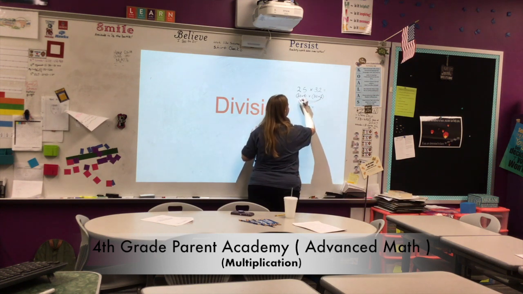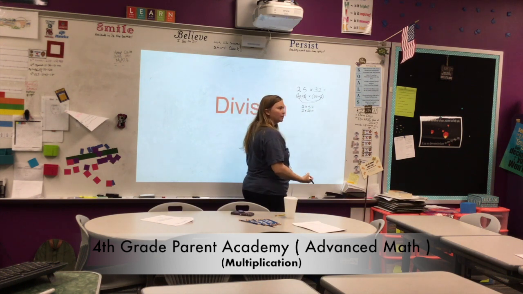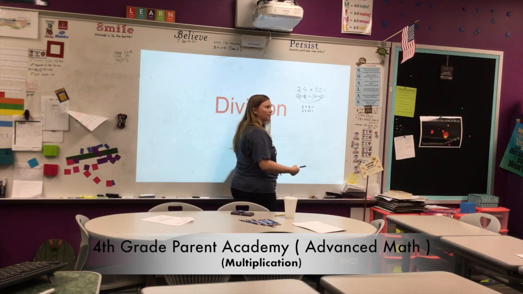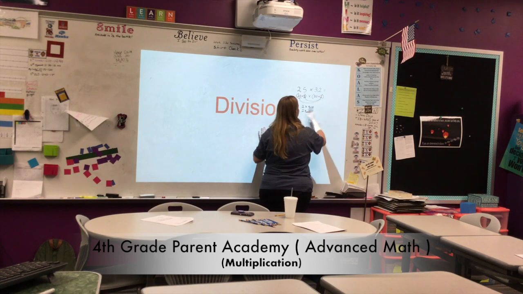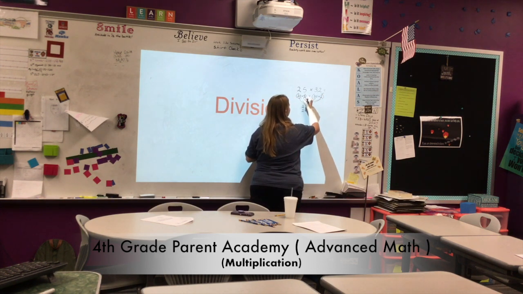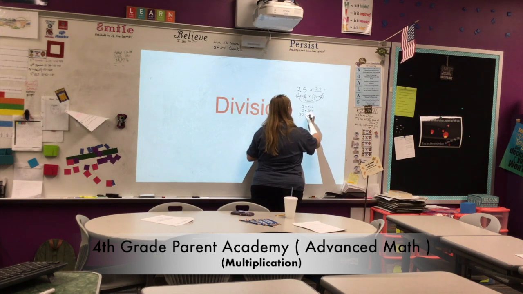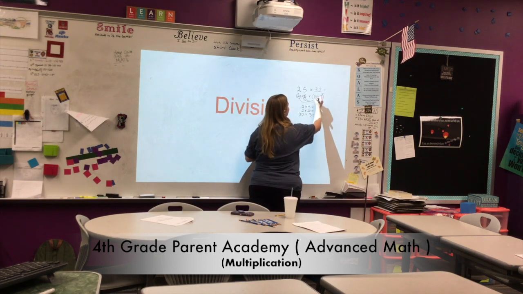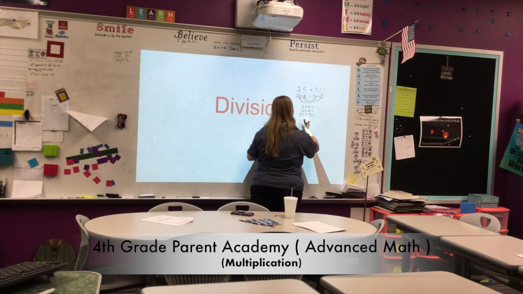And then I do 2 times 20, and I tell them, write your equations out first before you solve them. Because what happens is they start solving them, and then they forget to go back and do more of those. Okay? So I've got 2 done. Check. Now I'm doing 30. 30 times 5. And 30 times 20.